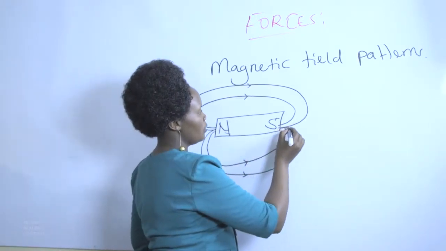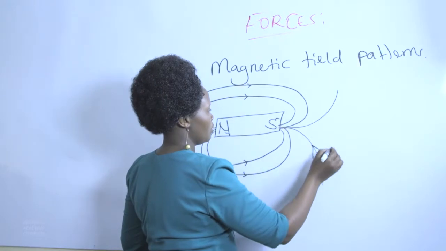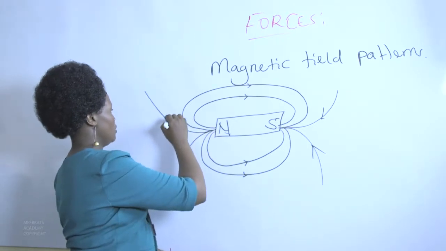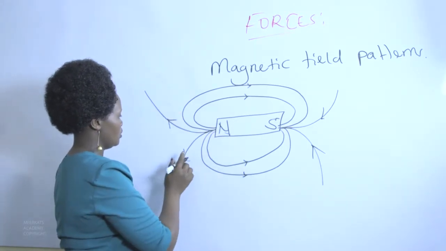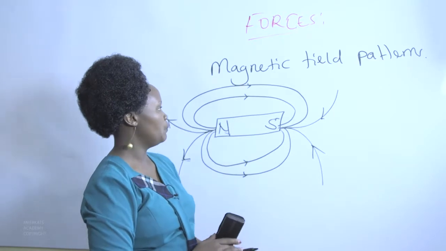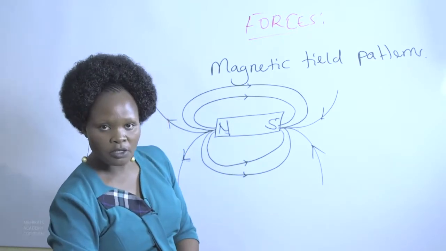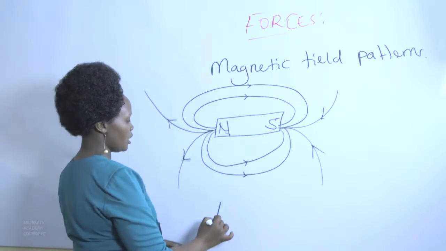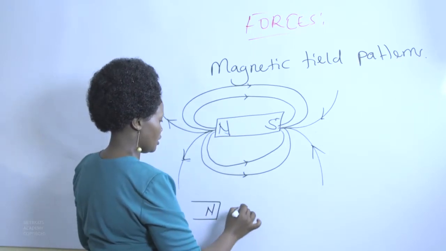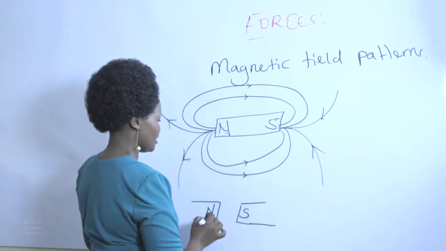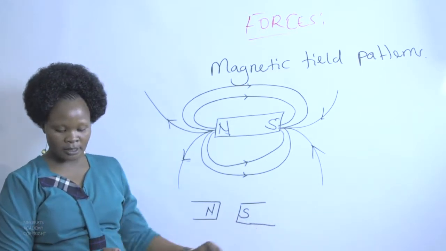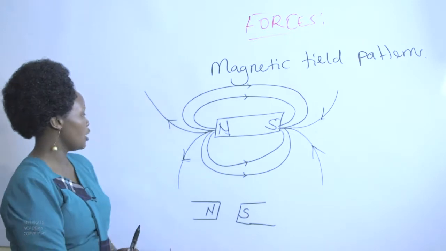Now, there is also another arrangement that we can try and investigate where we have a north and a south pole brought close to each other, a north and a south pole of different magnets brought close to each other.